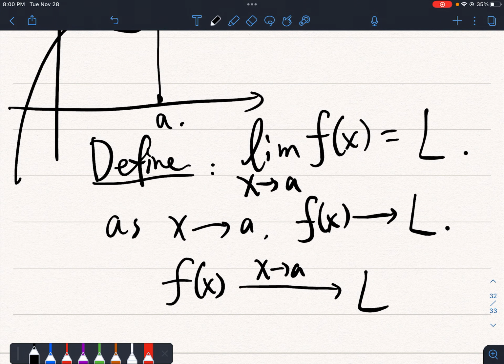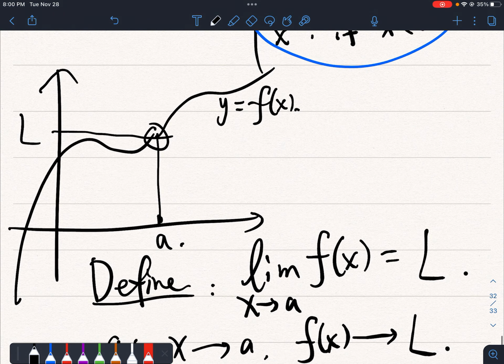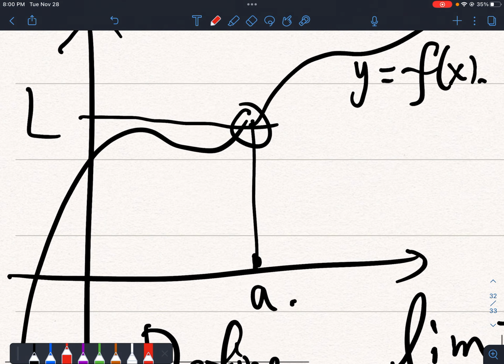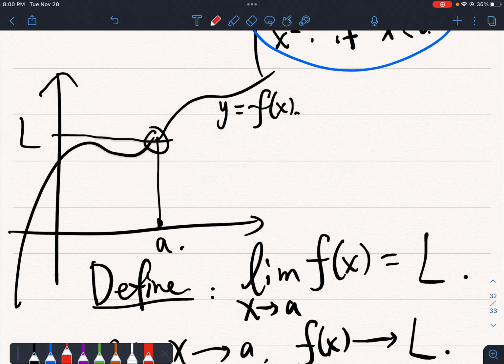Okay? If you are familiar with this enough, then you can just denote it this way. The point here is that it tends to this value L. You can see, for example in this case, it doesn't need to be equal to L at all, but it's still true that it will converge to this value.